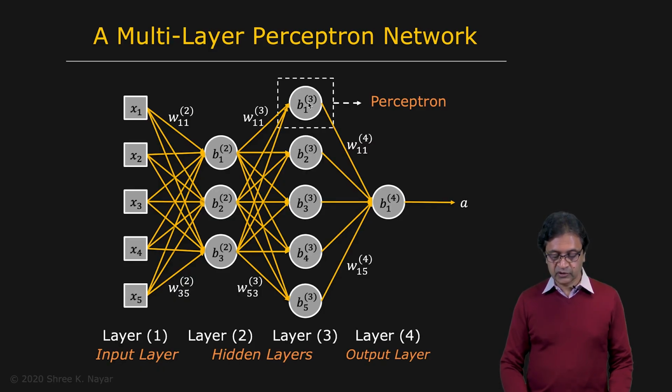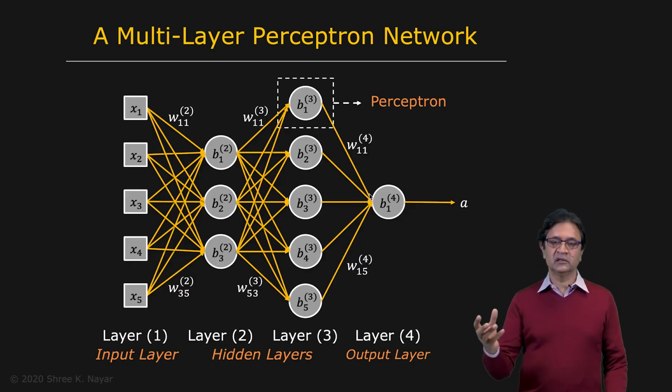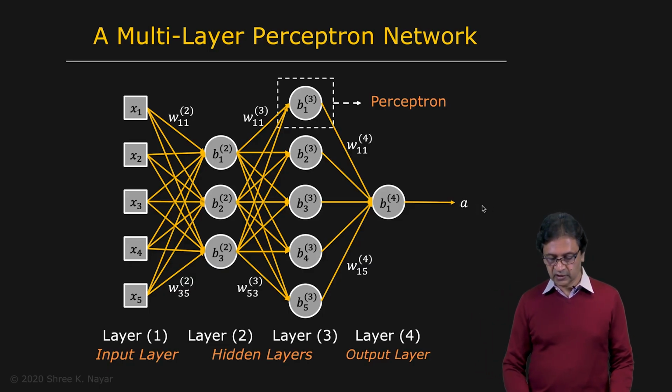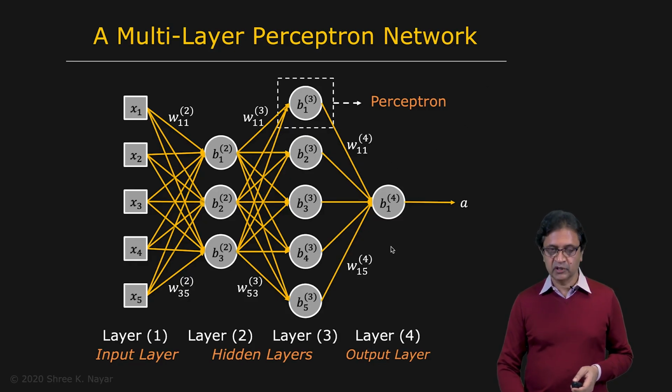And the outputs of those perceptrons, in this particular case, go into a single perceptron, and that produces a single output. Doesn't have to be the case. You can have multiple outputs right here, that is multiple perceptrons providing multiple outputs. It all depends on the application at hand.